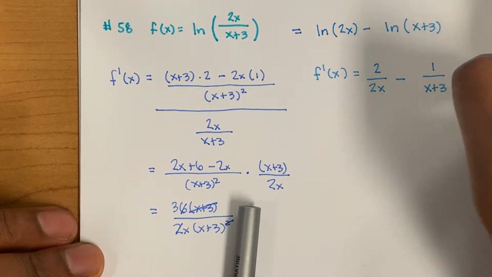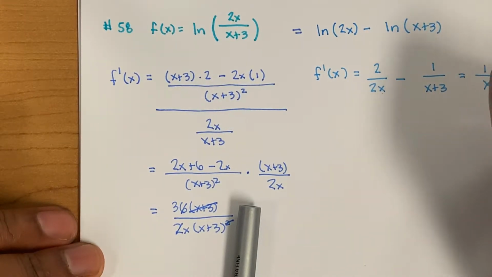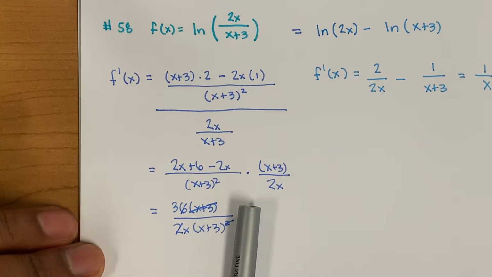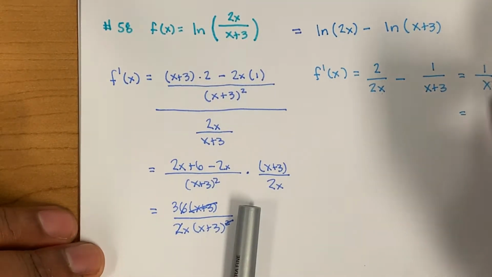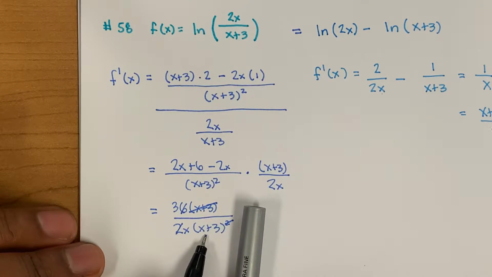And this just equals 1 over x minus 1 over x plus 3. And so we could get a common denominator, and even though you could stop right here, we'd have to multiply this by x plus 3, so we get x plus 3 minus x over x times x plus 3, and we get the same answer, 3 over x times x plus 3.